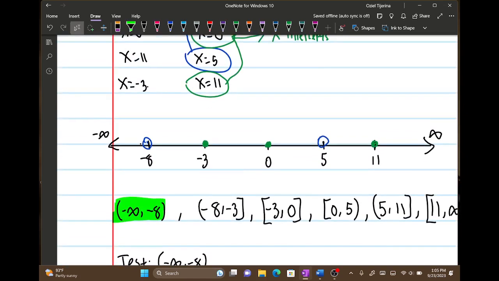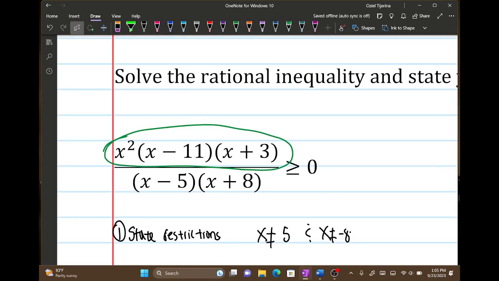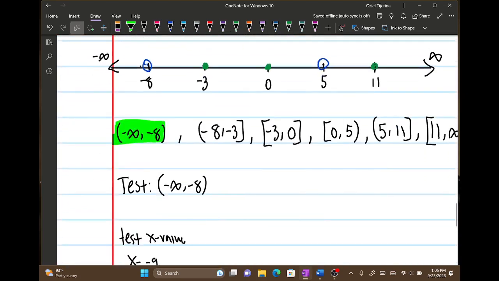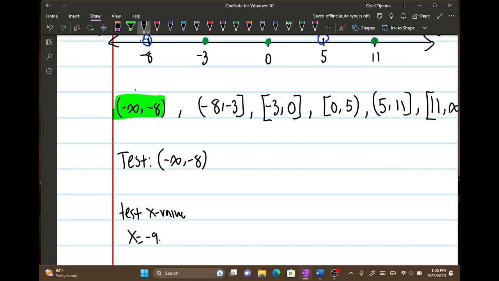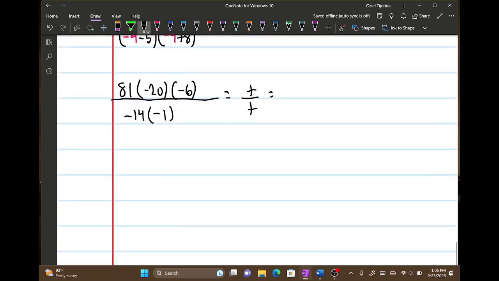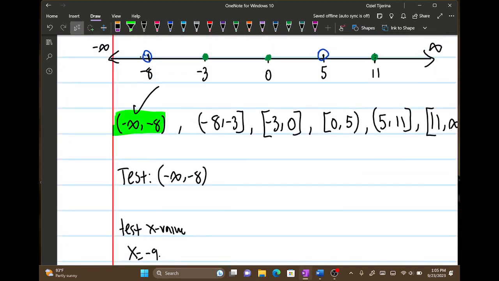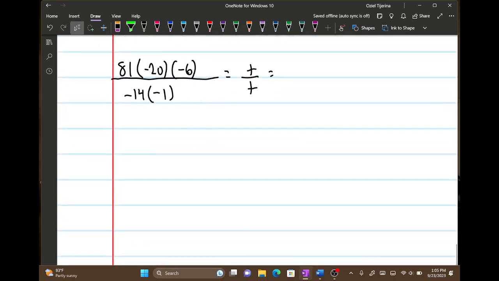So here we want to state that this is one of the intervals that's a solution, basically. So we know that that's a solution, and now we want to test between -8 and -3. So test the following from -8 to -3.